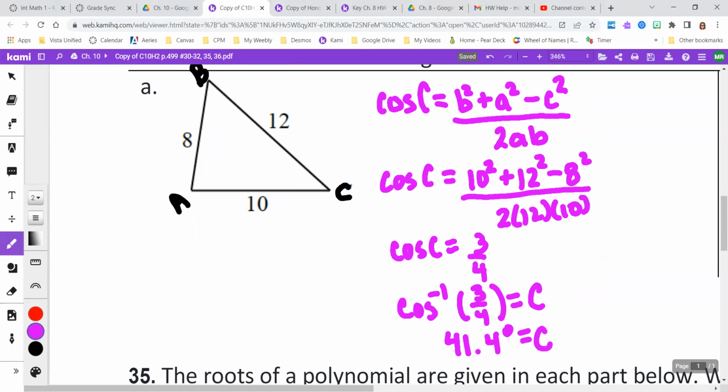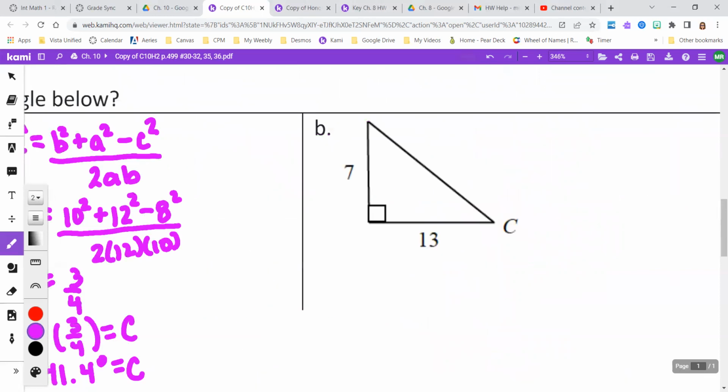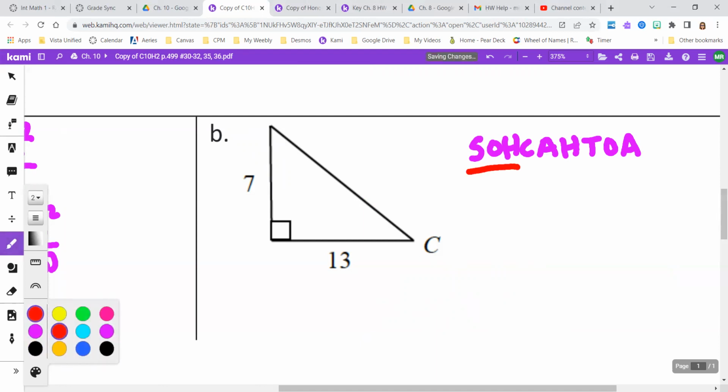Okay. Now on 32B, since it's a right triangle, I'm going to be using SOHCAHTOA. So sine is opposite over hypotenuse.